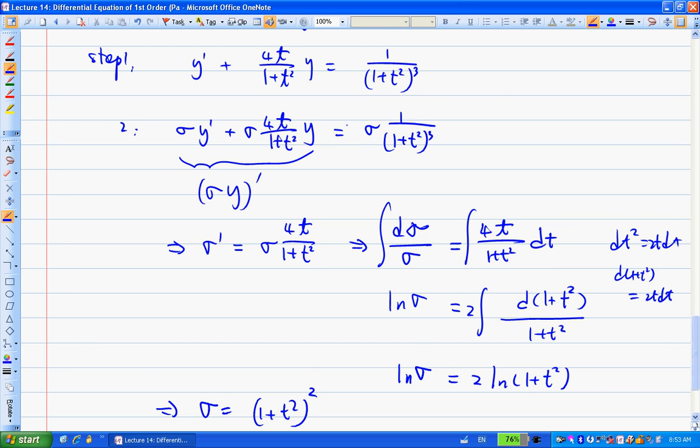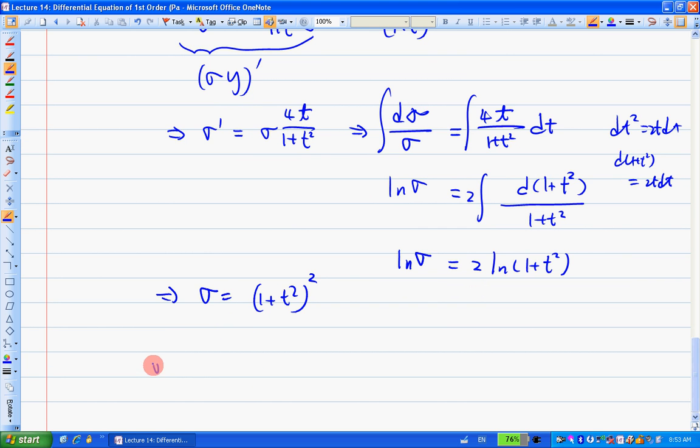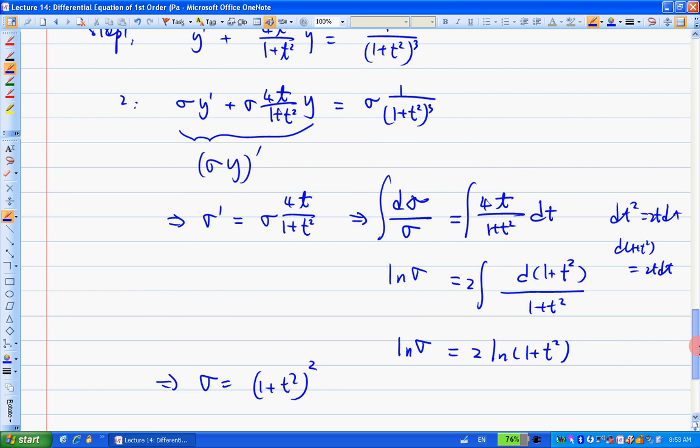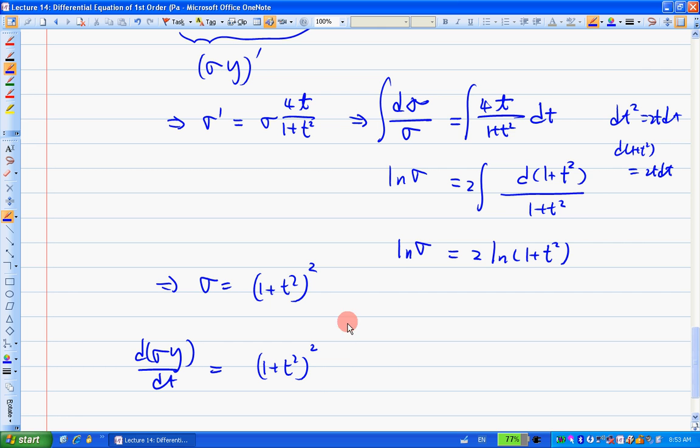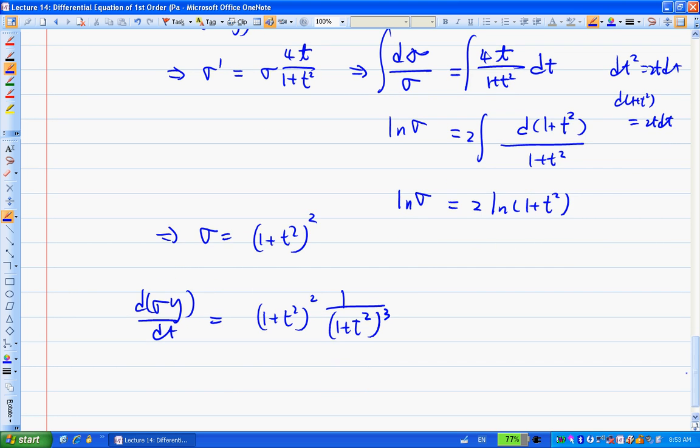To solve this, I have (σy)', which is d(σy)/dt, equal to σ. In this case, I use my σ right here and multiply by this term. What about this other term?